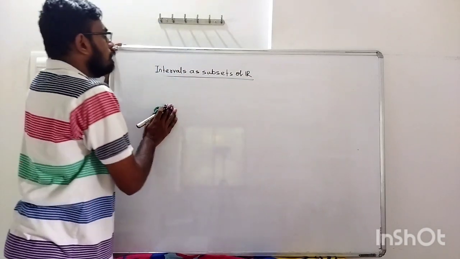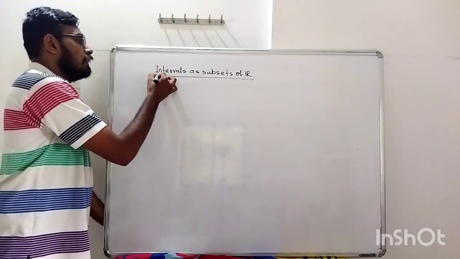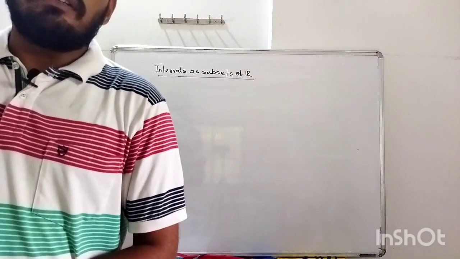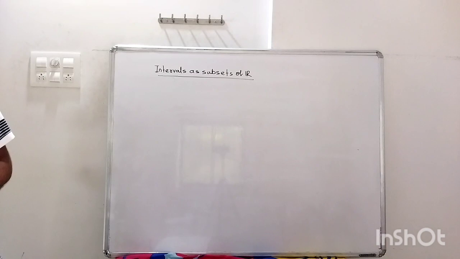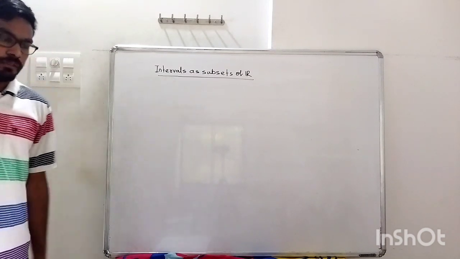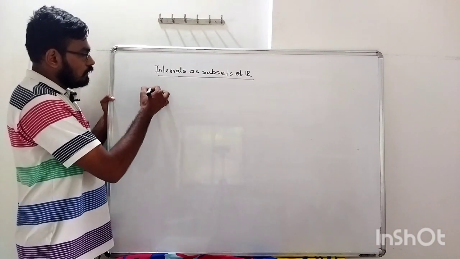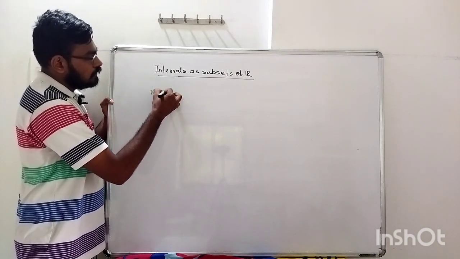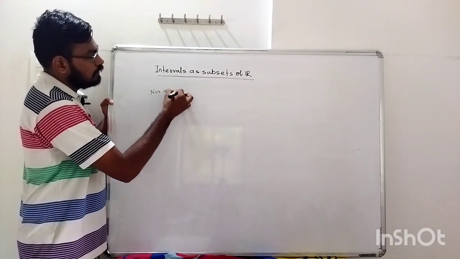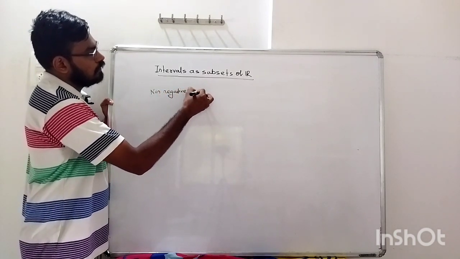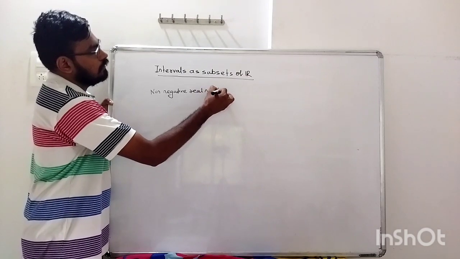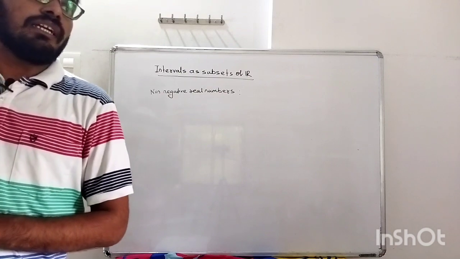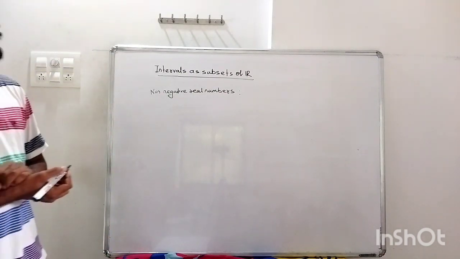So now we will understand how we write real numbers, positive real numbers, non-negative real numbers or negative real numbers in the form of an interval. See, non-negative real numbers. It means the real numbers which are not negative, so they will start from where?